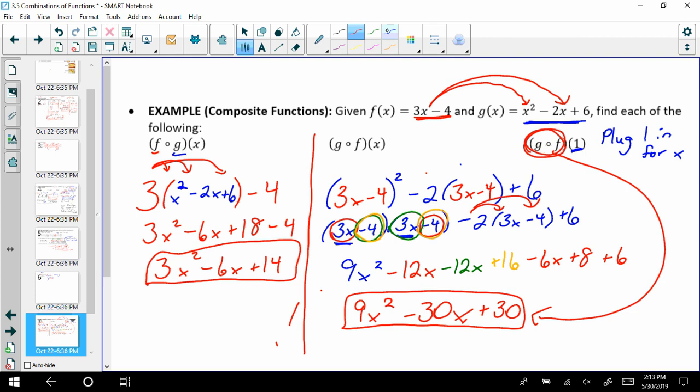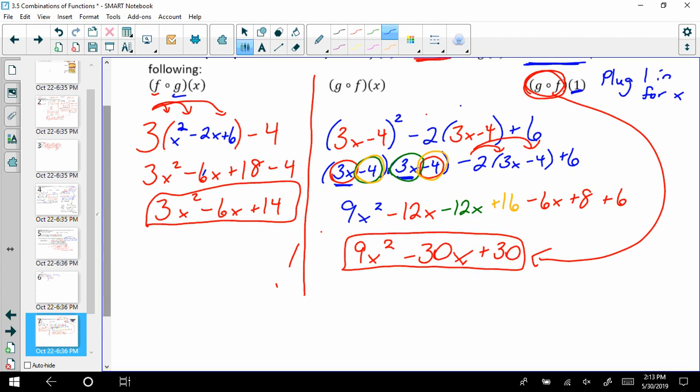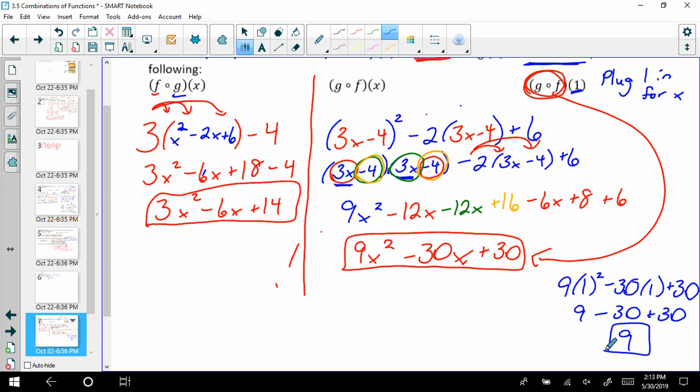So to get this last answer, I'm just going to plug 1 in. I'm going to get a number out. So notice I would get 1 squared is 1, 9 minus 30 plus 30. If I combine all of those, I get a value of 9. So all it wanted me to do was to substitute in.